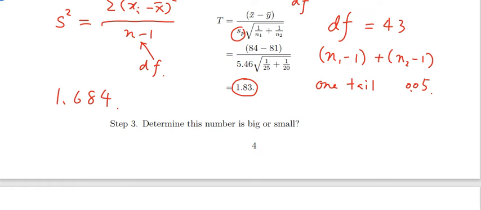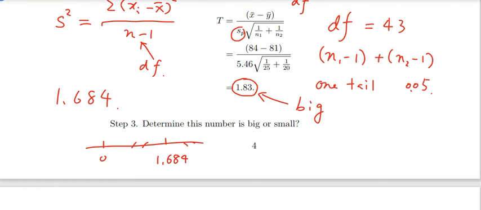Then we can find this one is big. Here the critical value is just the cutoff point of the standard: those on one side are small, those on the other are big. So 1.83 is big. If this is big, then we can say the difference is significant.